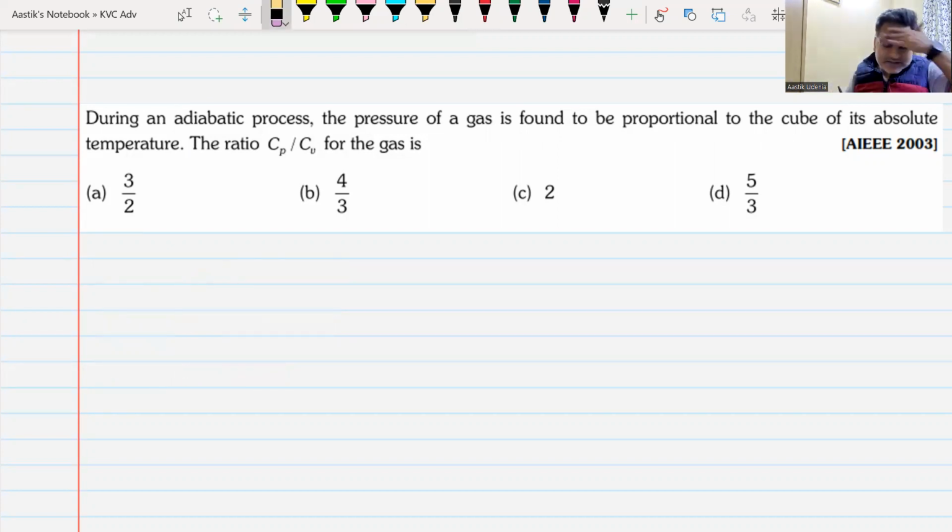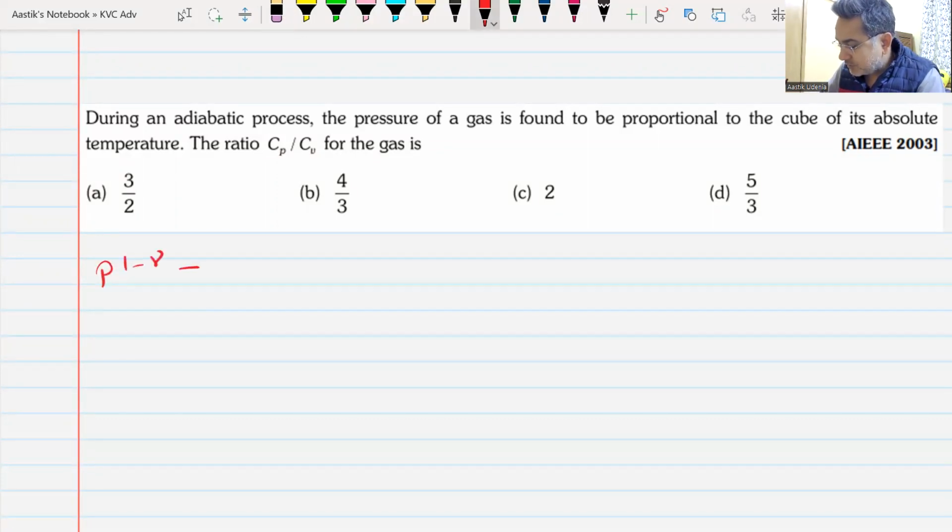What is the relation between pressure and temperature for an adiabatic process? Sir, it is P power 1 minus gamma into T power of gamma equals constant. So the relation that I wrote was correct. P raised to the power 1 minus gamma into T raised to the power gamma is a constant. Yes or no? Yes, sir.